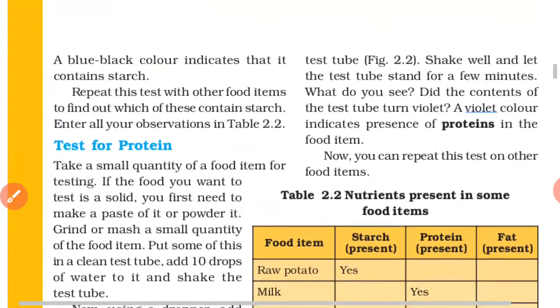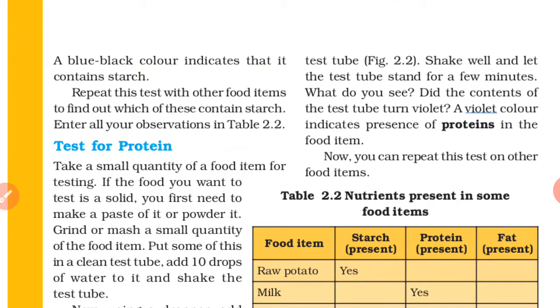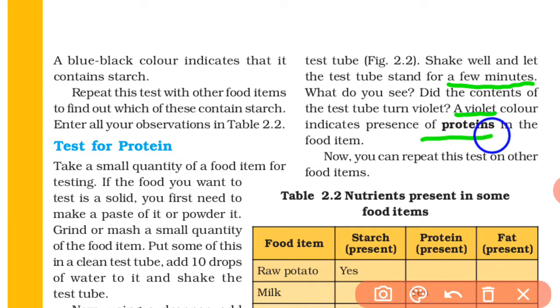Then shake well and let the test tube stand for a few minutes. We have to shake the test tube very well, and then allow it to stand for a few minutes, and then we have to see the change of color. If it turns violet, then it shows the presence of protein in that food item.